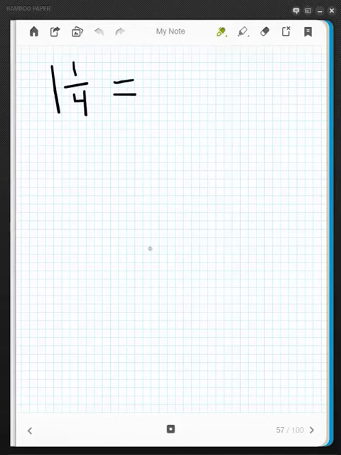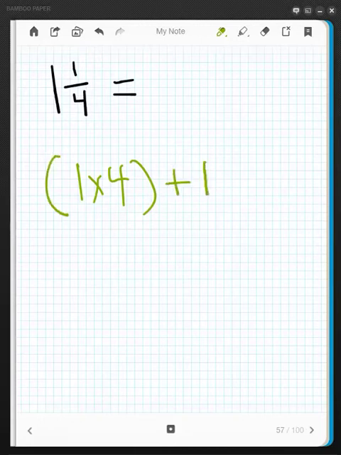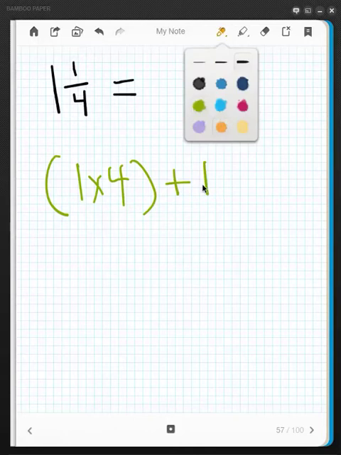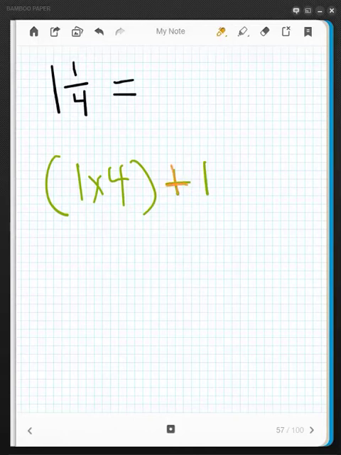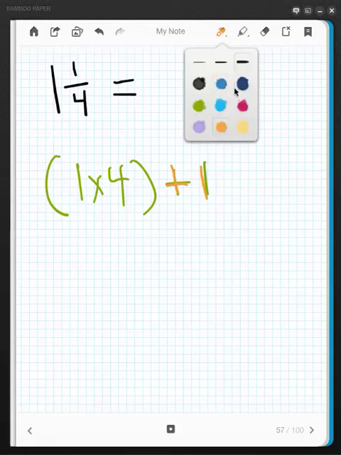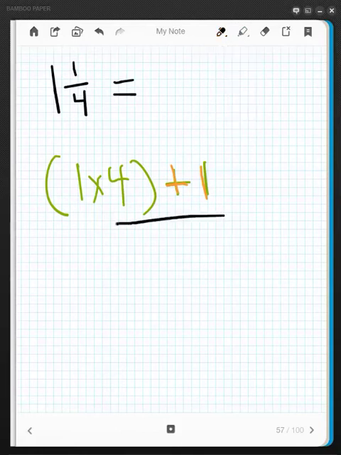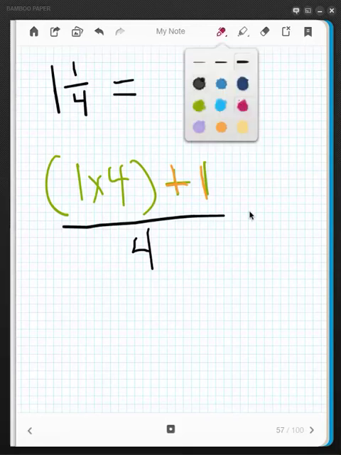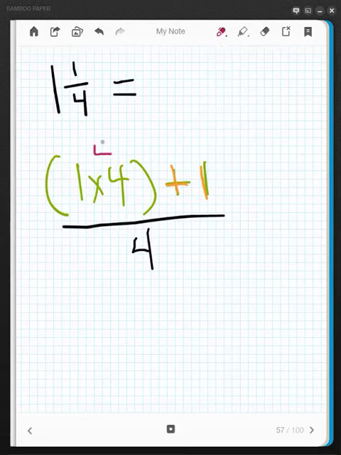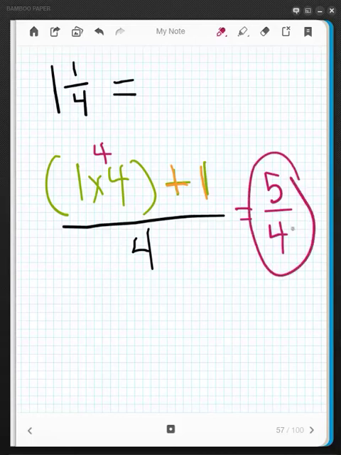So we'll do 1 times 4, and I'll put parentheses around that, then I'll add the numerator of 1, and then it goes over the original denominator 4. So what I get is 1 times 4, which is 4, 4 plus 1, which is 5, and the old denominator of 4. And there you go.